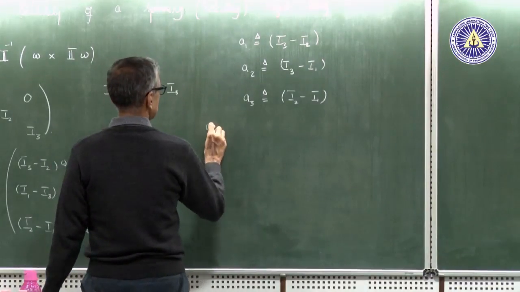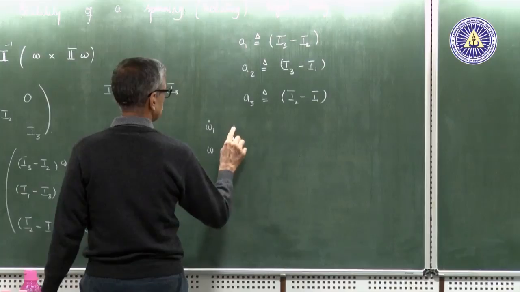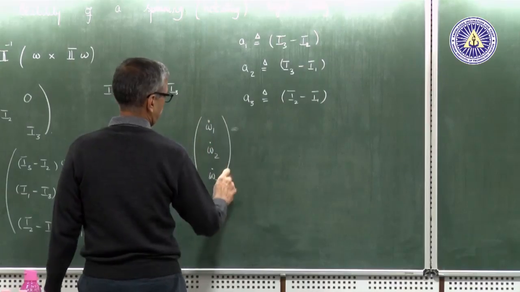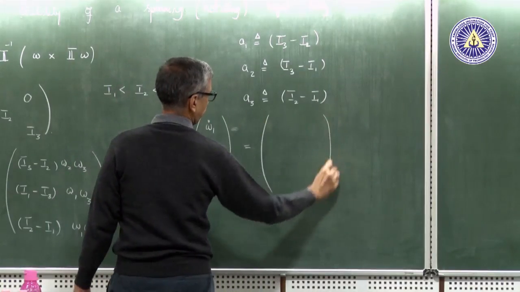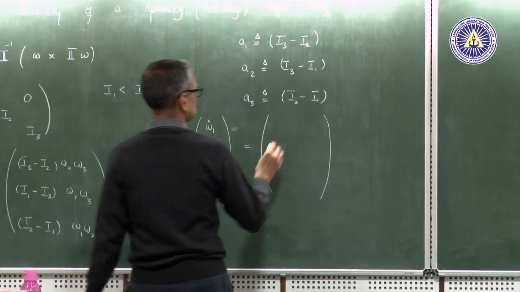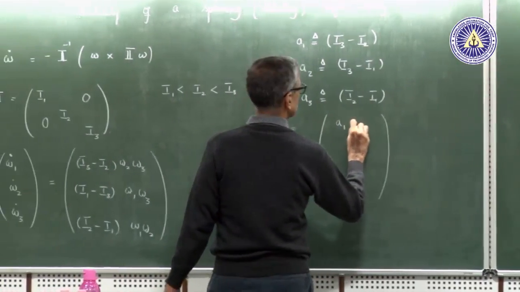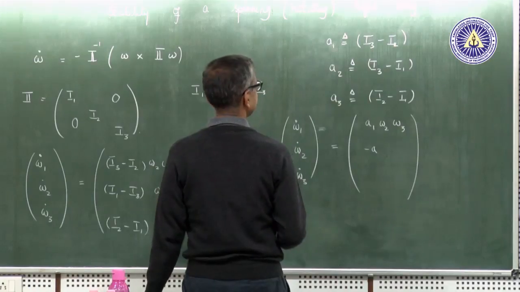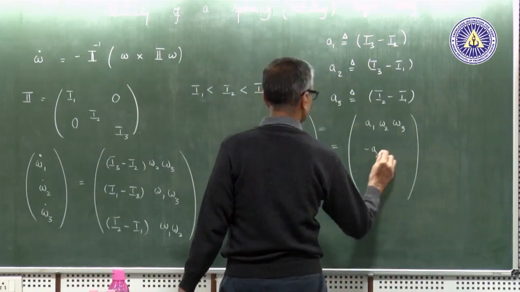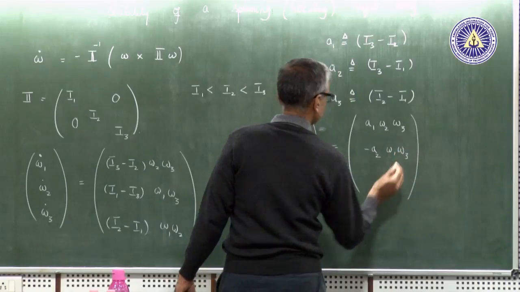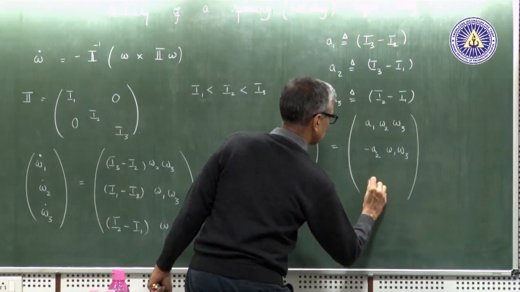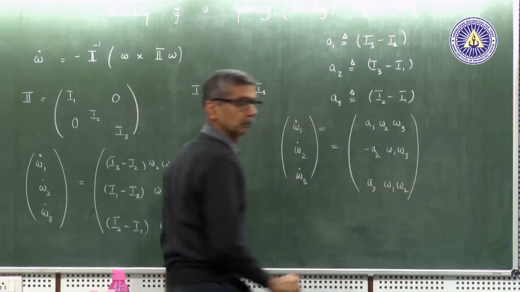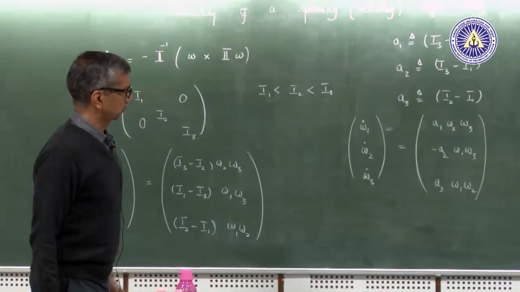So, let us rewrite these equations. So, that is omega 1 dot, and so on, down to A3 omega 1 omega 2, right.